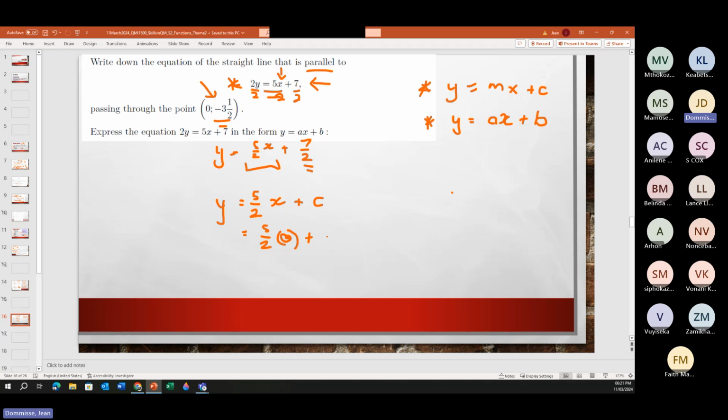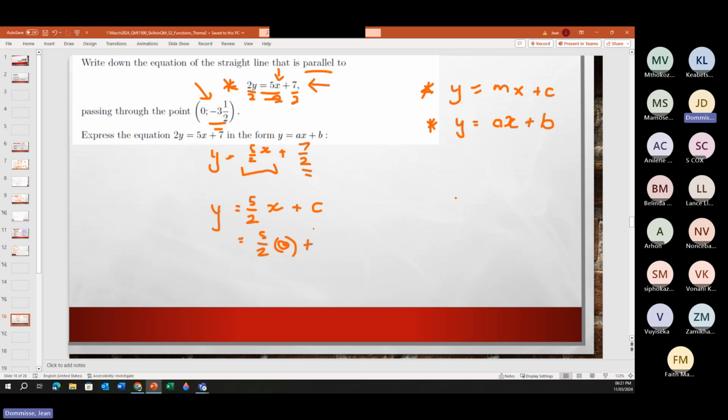And we've got the y is equal to minus 3.5. Okay, so 5 over 2 times 0 is 0. So we will have that the c is minus 3.5.